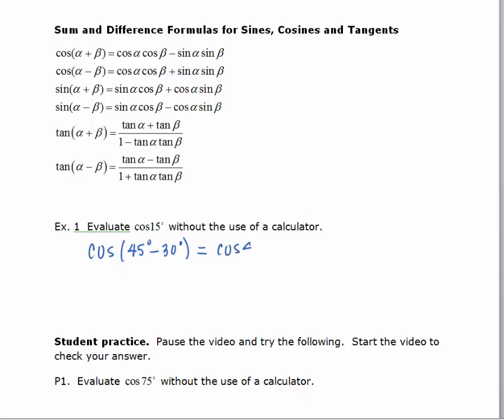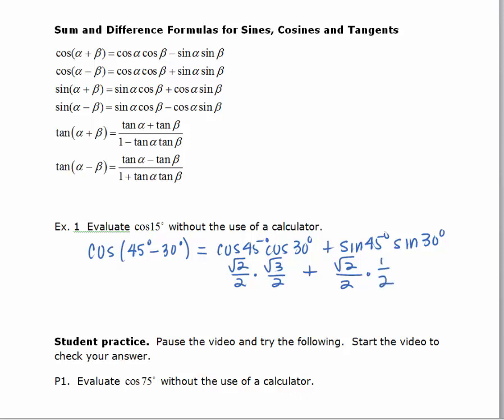So we have the cosine of 45 degrees times the cosine of 30 degrees plus the sine of 45 degrees times the sine of 30 degrees. We can evaluate each of these individually. The cosine of 45 is the square root of 2 over 2. The cosine of 30 is the square root of 3 over 2, plus the sine of 45 degrees, which is the square root of 2 over 2.